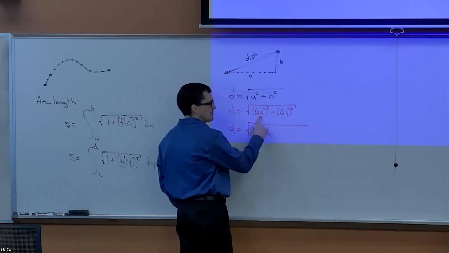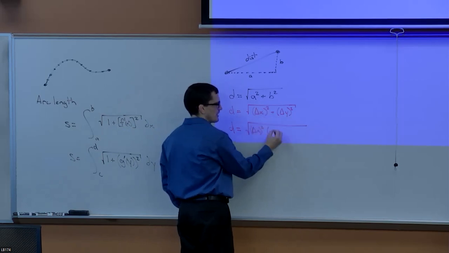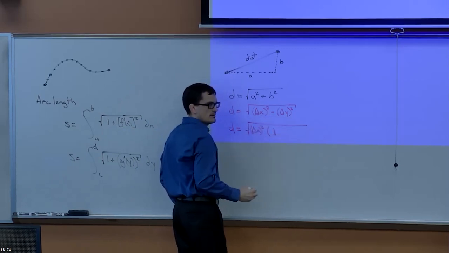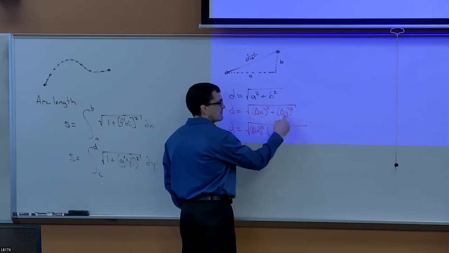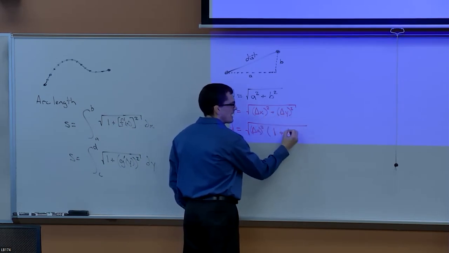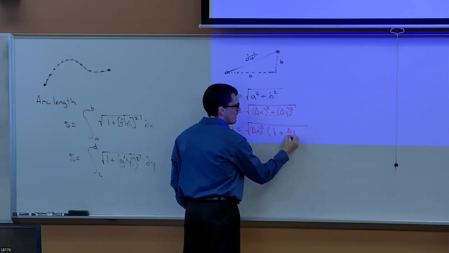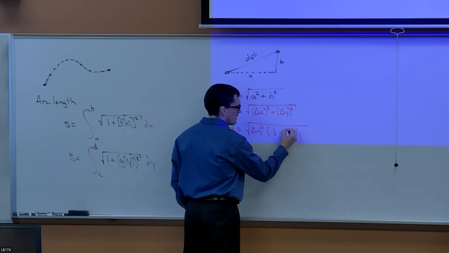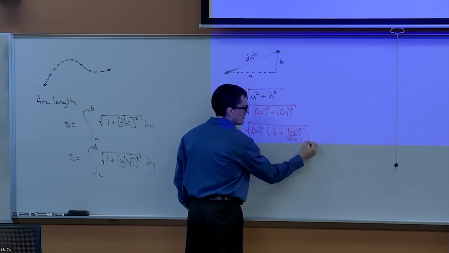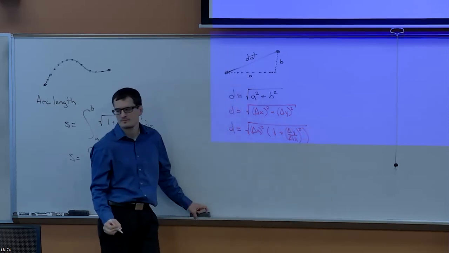If I factor it out from this term, this is just delta x squared, so I get a 1. When I factor it out of this term, I get delta y divided by delta x, and I'm going to square the delta y, and I'm going to square the delta x. So I'm just going to write this whole thing squared. Is that right?